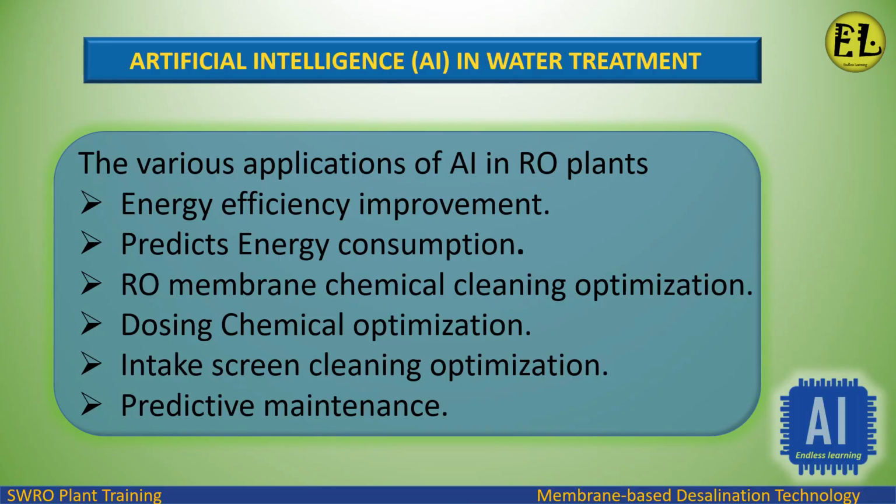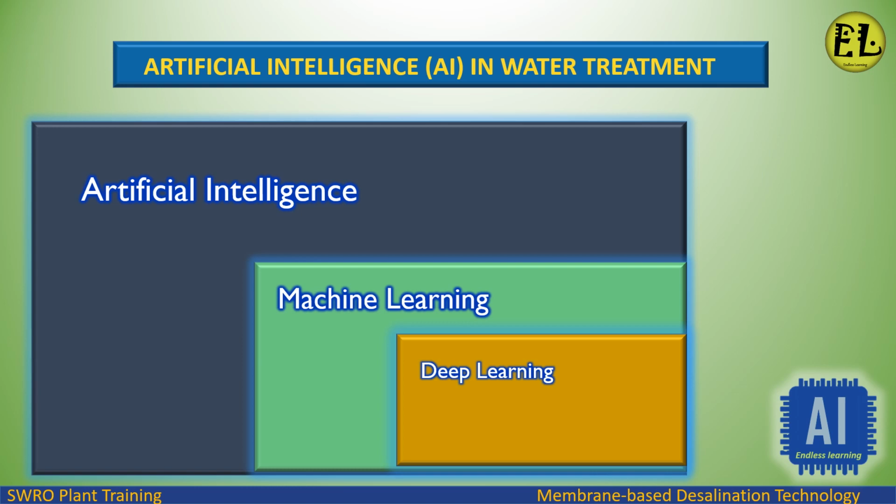The various applications of AI in RO plants are: energy efficiency improvement, predicting energy consumption, RO membrane chemical cleaning optimization, dosing chemical optimization, intake screen cleaning optimization, and predictive maintenance. We will study artificial intelligence, machine learning, and deep learning.